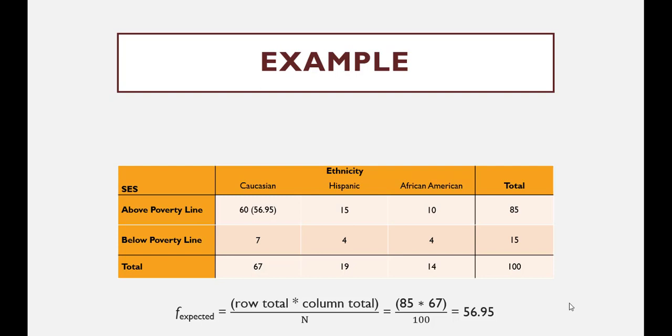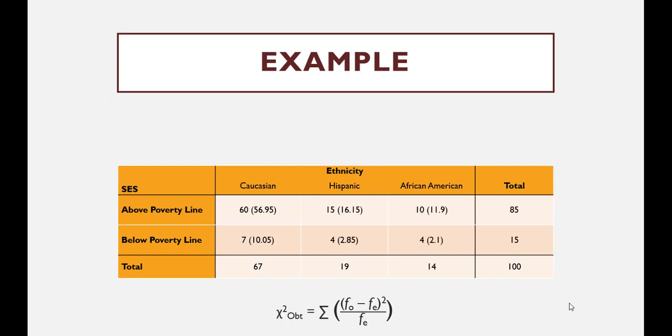We go through, we do that for every single cell, and we end up finding that the expected values are 56.95 for the Caucasian above the poverty line, 10.05 for Caucasian below the poverty line, 16.15 for Hispanic above the poverty line, 2.85 for Hispanic below the poverty line, and we do that for each group.